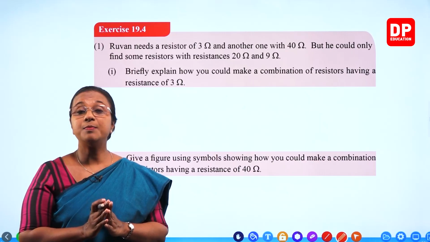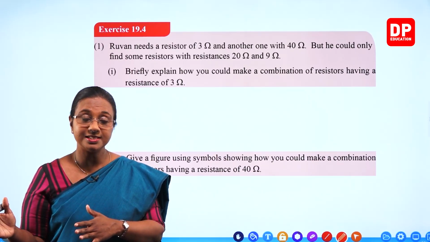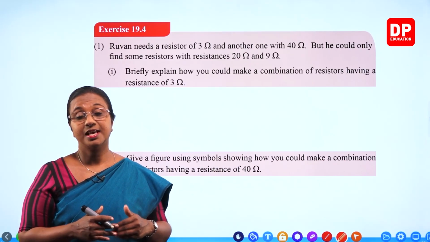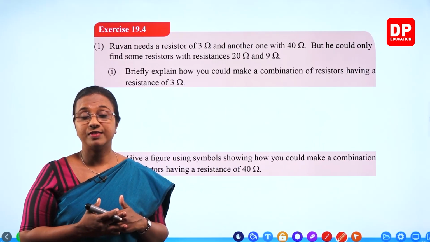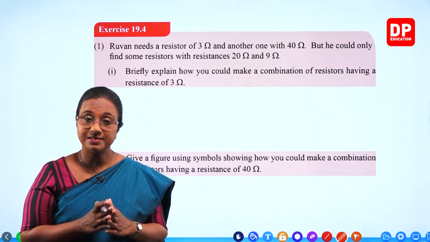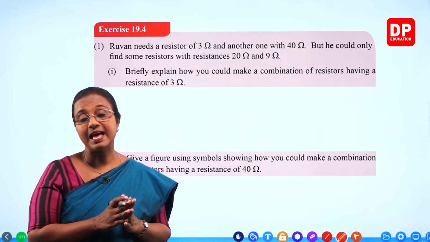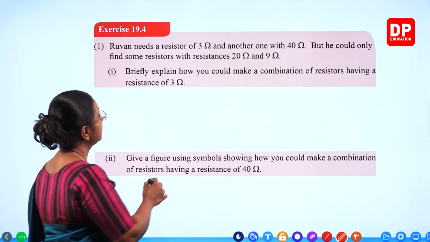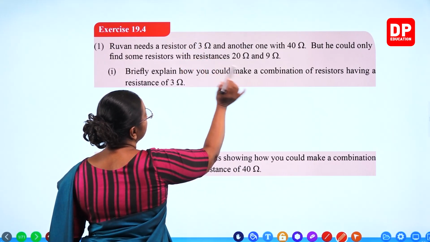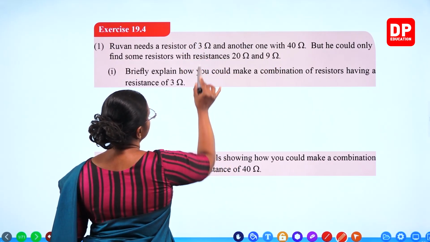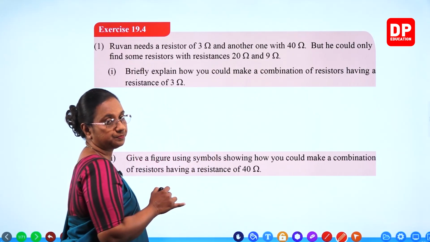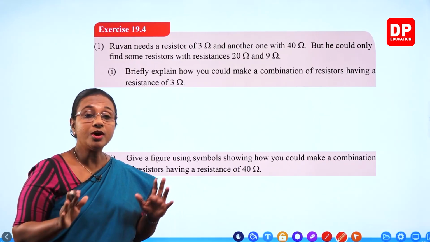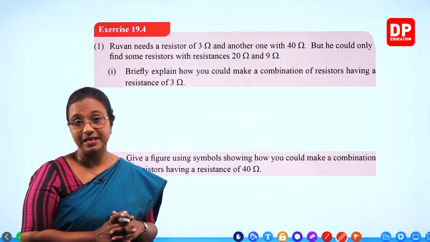Since you add the reciprocals of each individual resistor to find the reciprocal of the equivalent resistance, then when you get the reciprocal of that value, the equivalent resistance will be less than the other values. So now you can see 3 ohm and 40 ohm. 3 ohm is less than 9 ohm, whereas 40 ohms is more than 20 ohms. So accordingly, you have to select the combination.